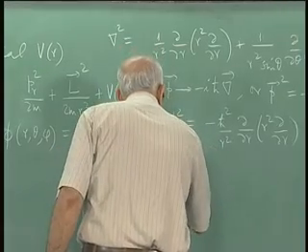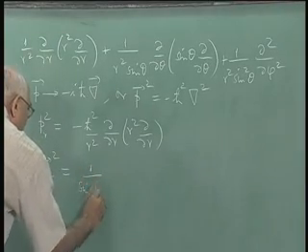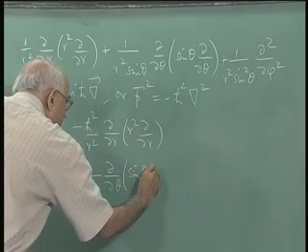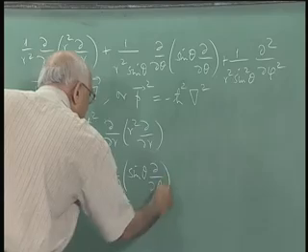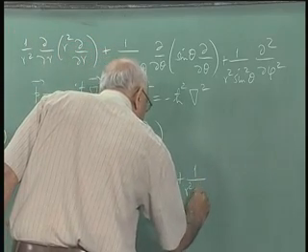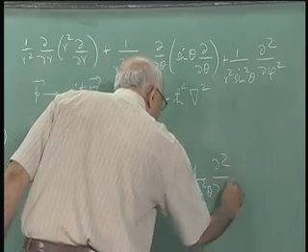So it is clear that L squared has the representation minus h cross squared times 1 over sin theta ∂/∂theta of sin theta ∂/∂theta plus 1 over sin squared theta ∂²/∂phi², no r squared.